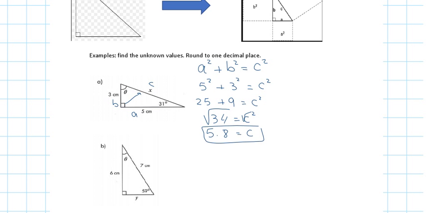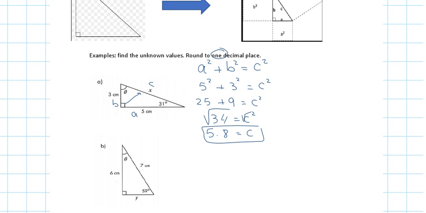Does it make sense that it's 5.8? It does, because think about it this way: this has to be your longest side, and the other two are smaller than 5.8, so that's good. Yes, 5.83, but because it says to 1 decimal, that means I leave it as 5.8.